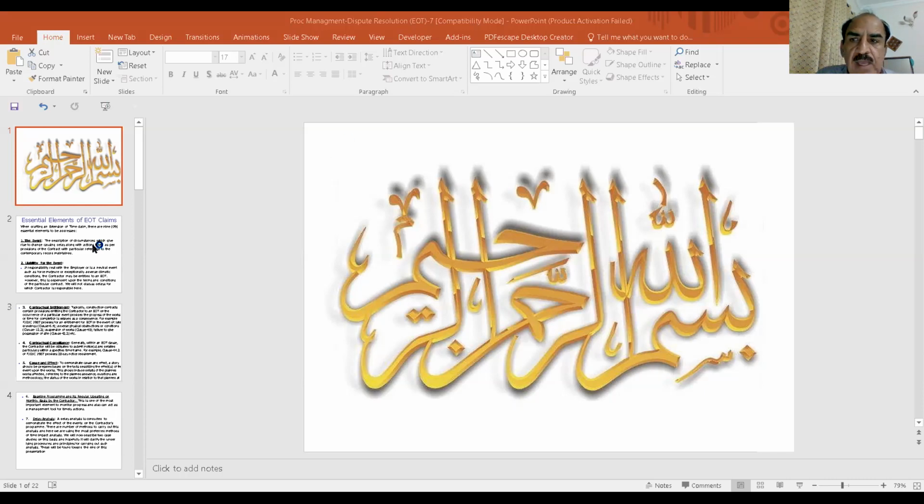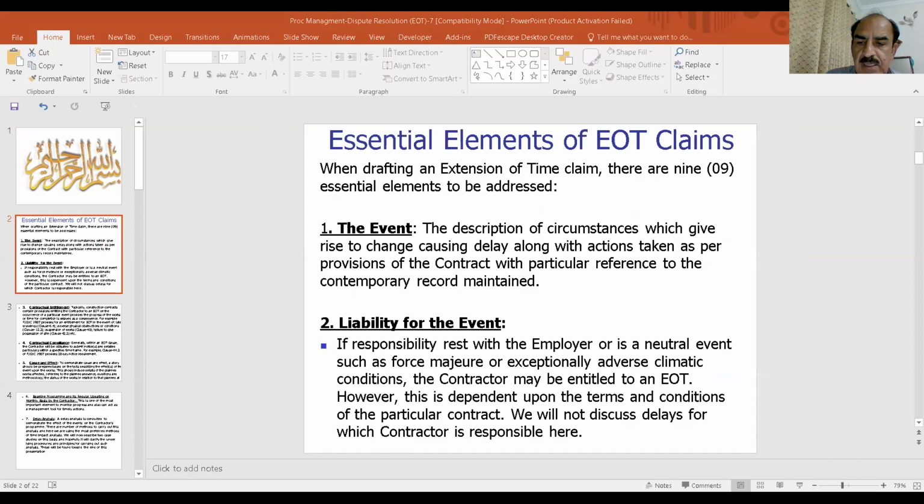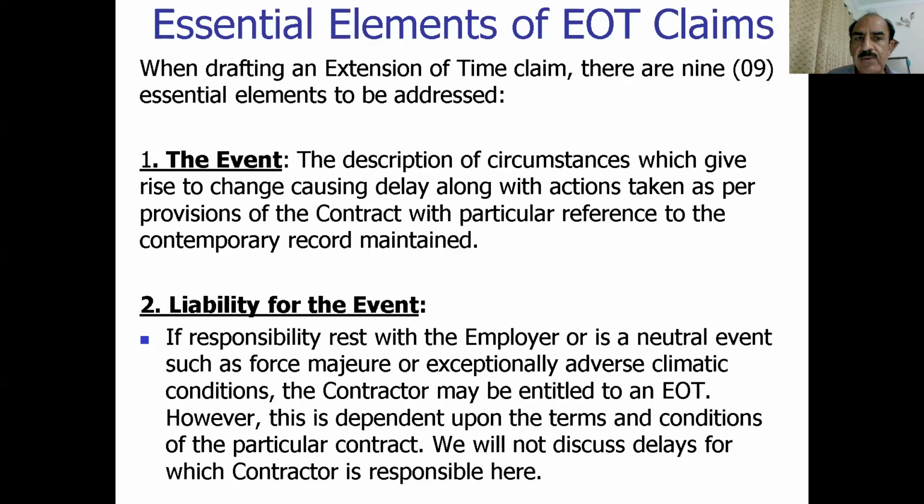So the EOT claims, the extension in time claims, would involve 9 essential elements that should be addressed while we are assessing the claims.